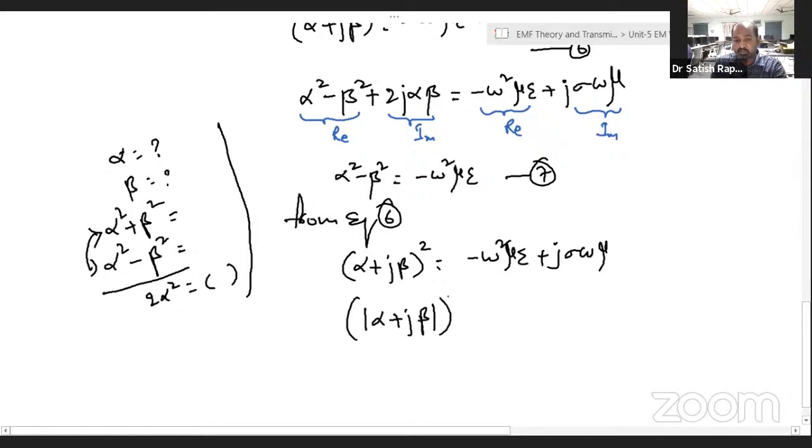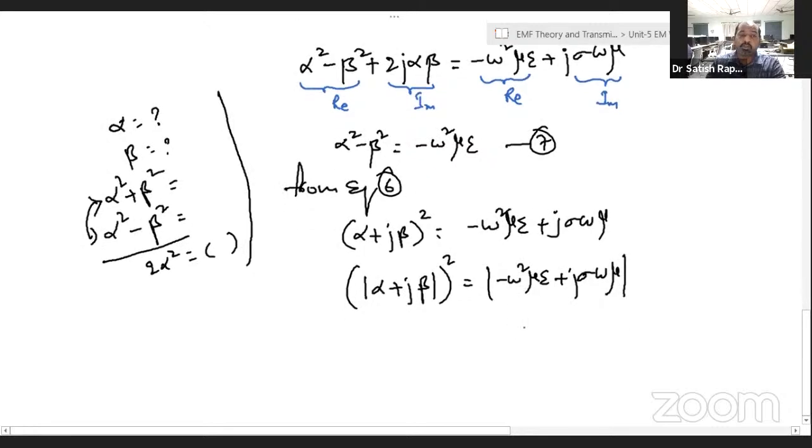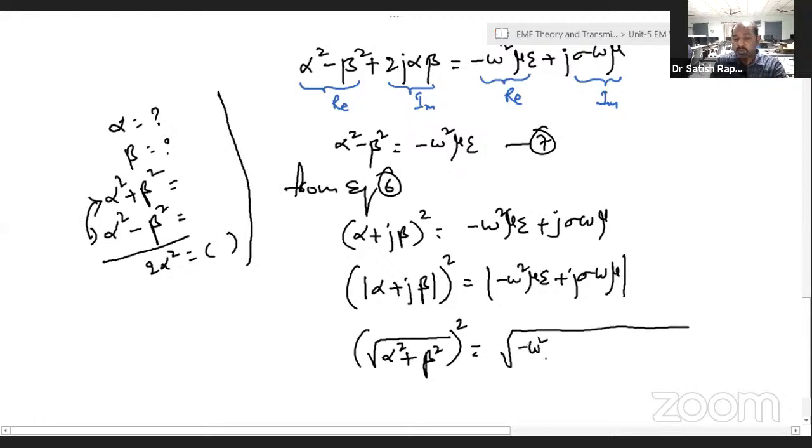Mod means square root of real part square plus imaginary part square.